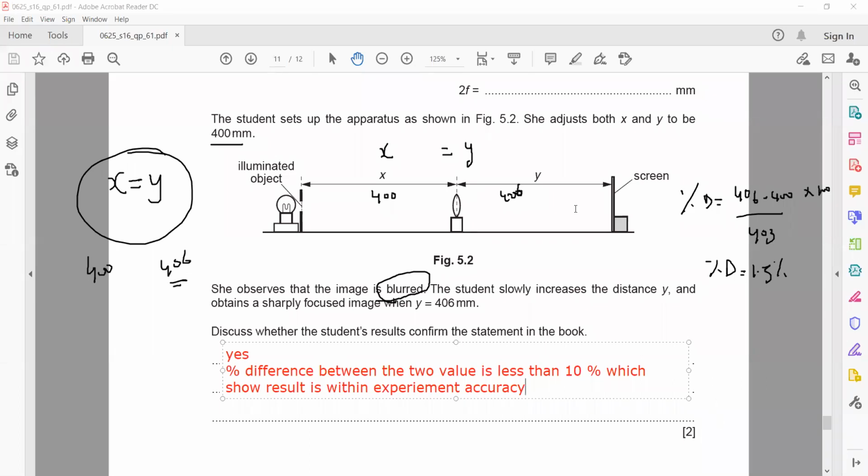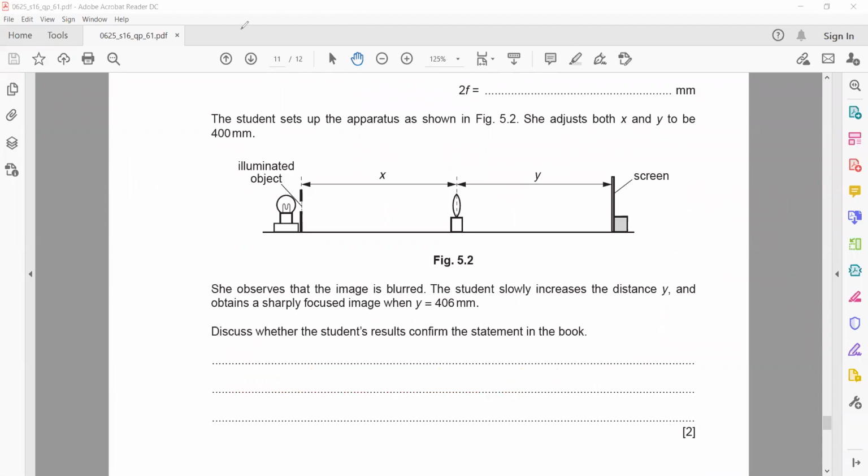By looking at the numbers, you think 400, how is 400 equal to 406? But in an experiment, 400 and 406 are the same because the percentage difference is less than 10%.